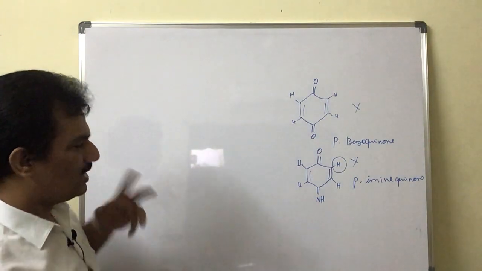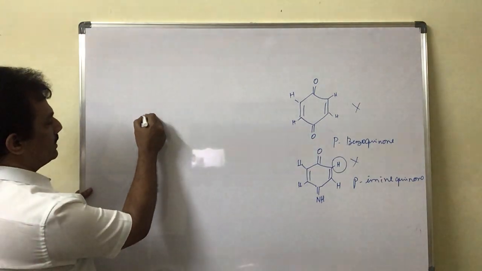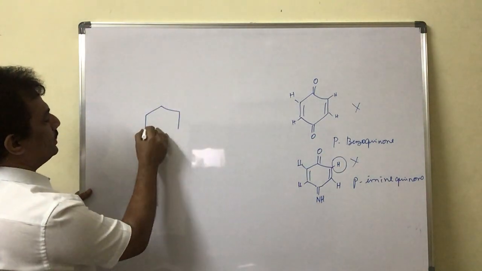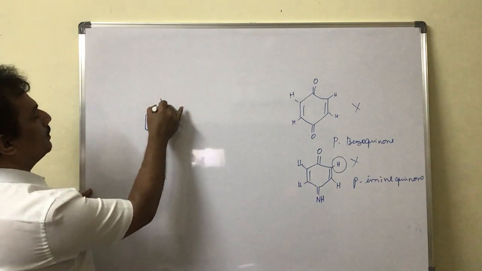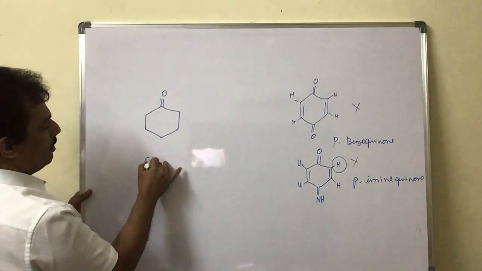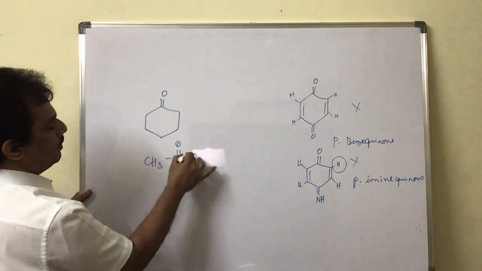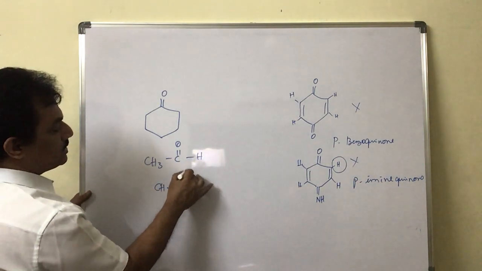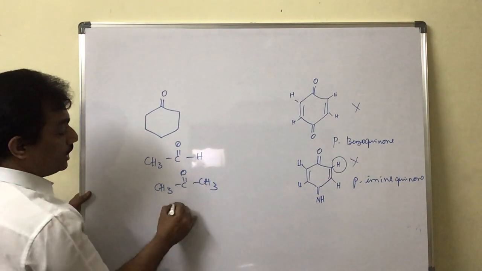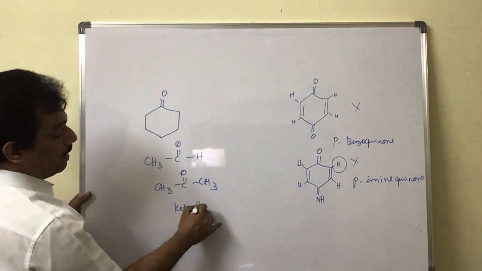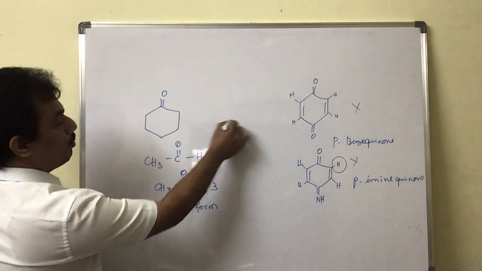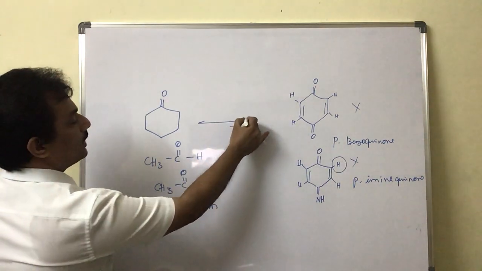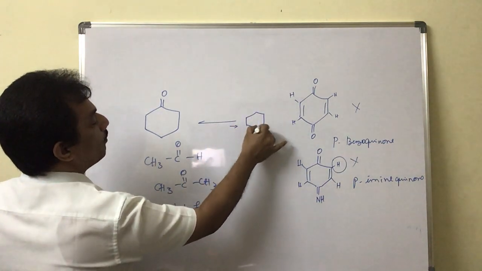Clear? And one more, they may ask a question related to this. Say, for example, this is a simple ketone like this, or a ketone like this, keto form. In all these cases, just remember, the keto form is more stable compared to the enol form.